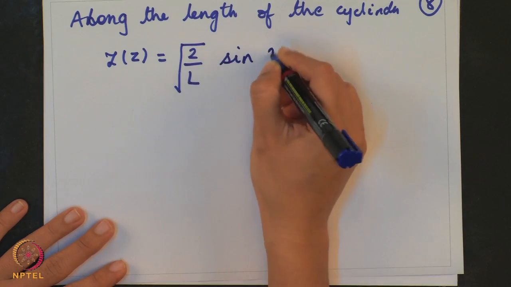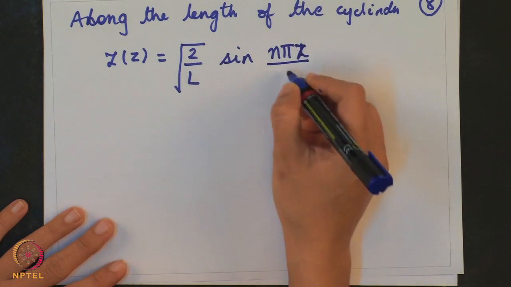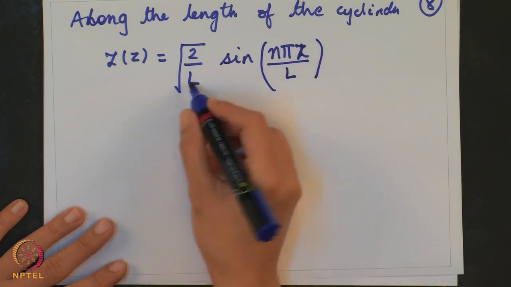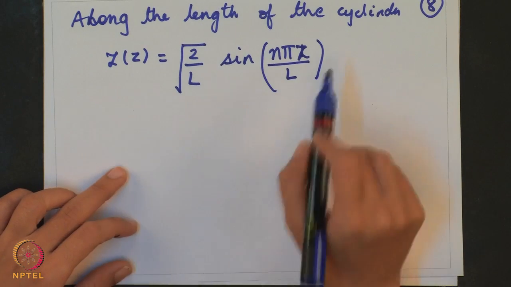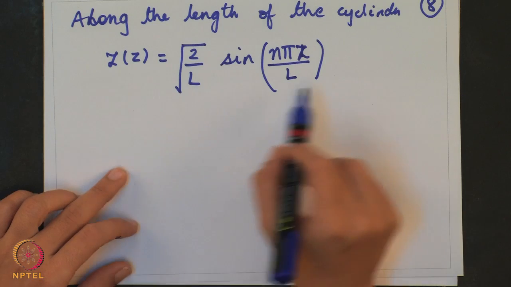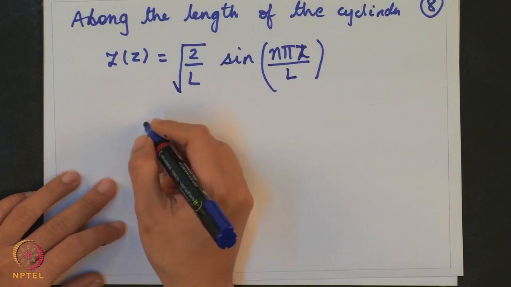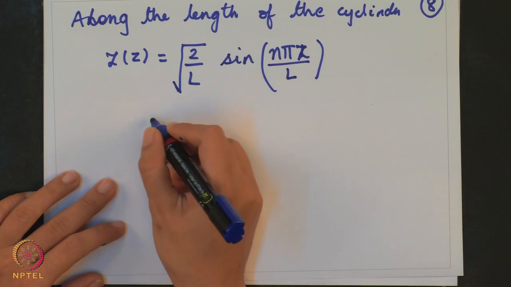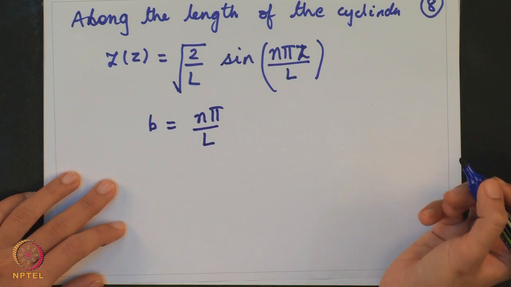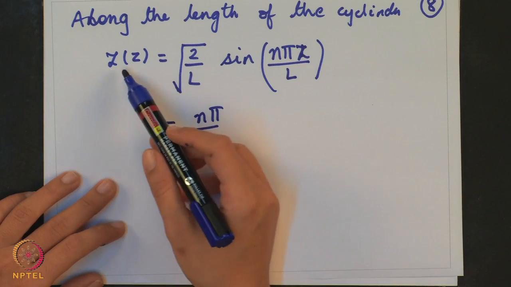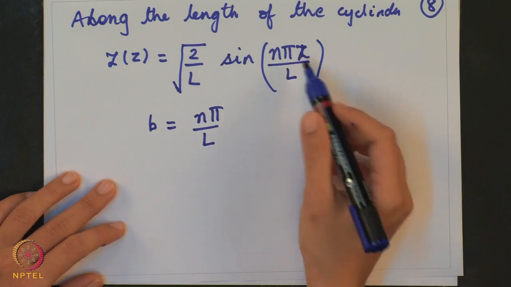So, this can be written as n pi z by the width, that is L. This is the standard way of representing the wave function for a particle in a one dimensional box. So, it can be inferred from here that B is nothing but n pi by L. The wave function is given by square root of 2 by L sin B z.